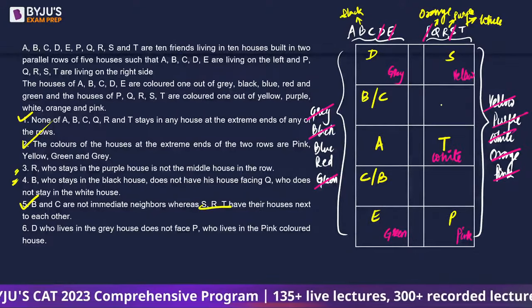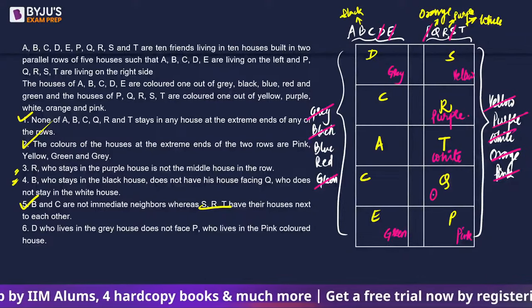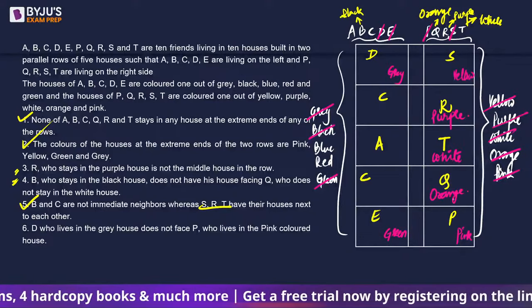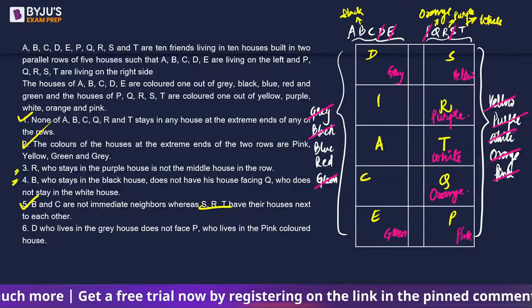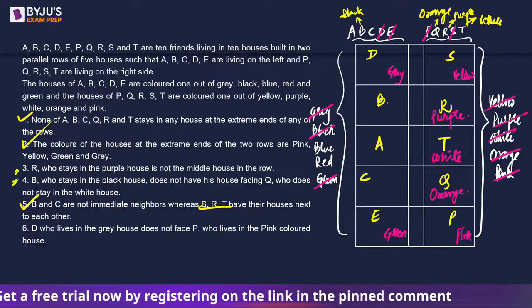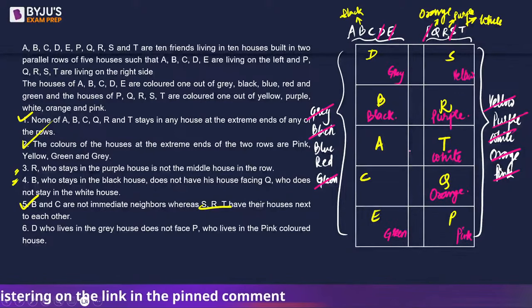Let's write down their colors. R takes up purple and Q takes up orange. B takes up, sorry, B should be here, a mistake by accident. So B takes up black. What about A and C, which are blue and red?